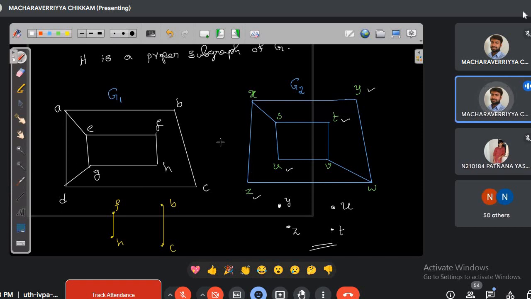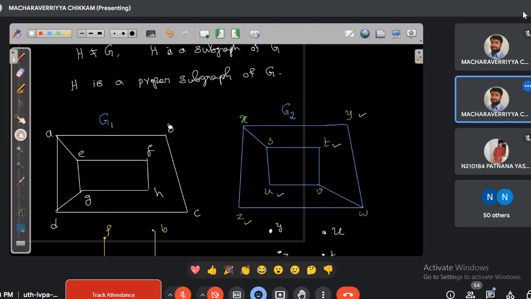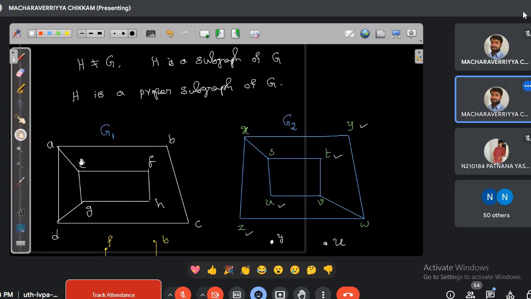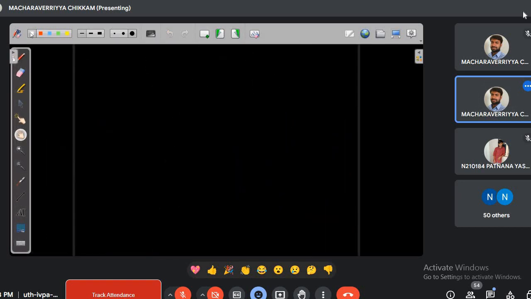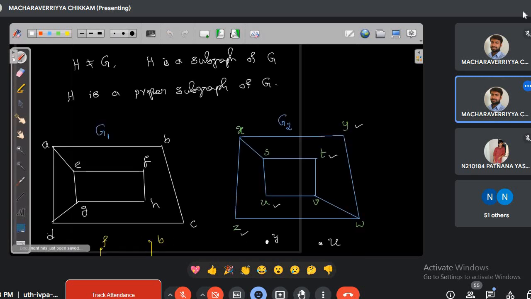Okay, similarly, let me see what is the subgraph given by degree 3 vertices. So degree 3 vertices, one you can see you will get a box like this, and in another one the same thing.